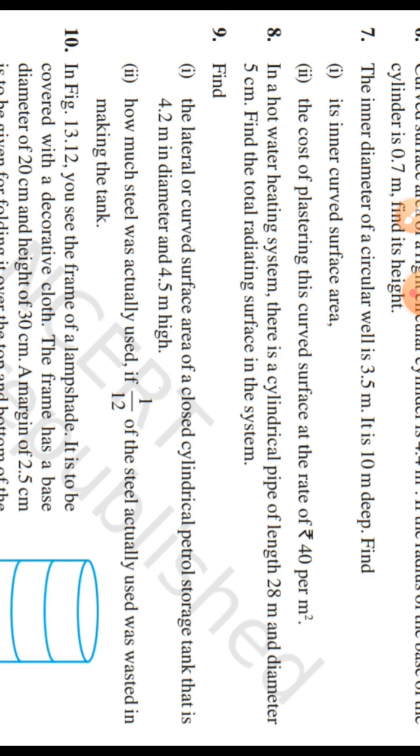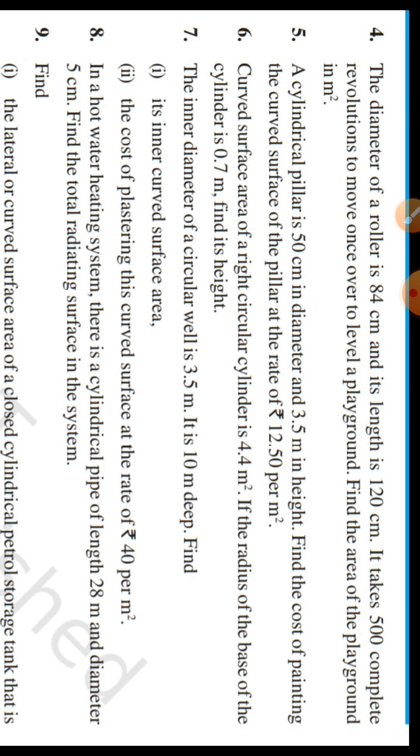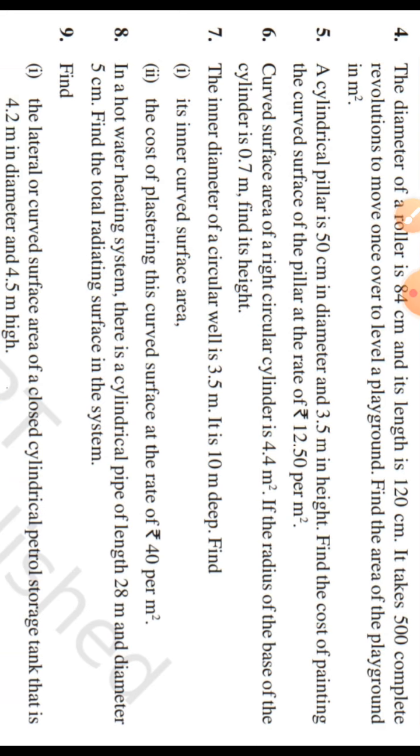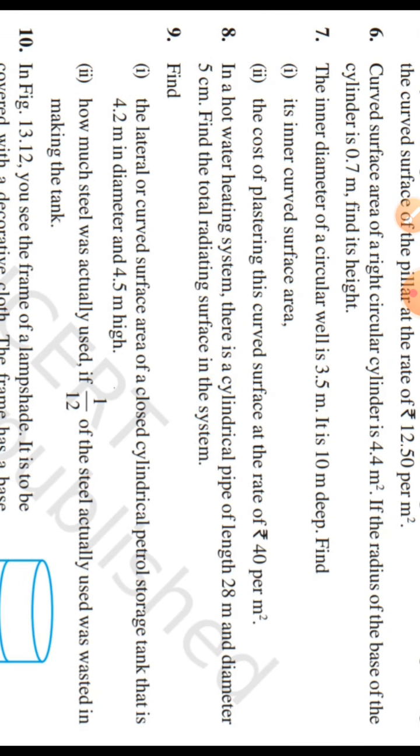We just solve these types of sums. Look at number 5. There it is painting, so after finding CSA, we multiplied by 12.50. Now instead of painting, here plastering is there. So after finding CSA, multiply by 40. Why? Because the rate per meter square is given.